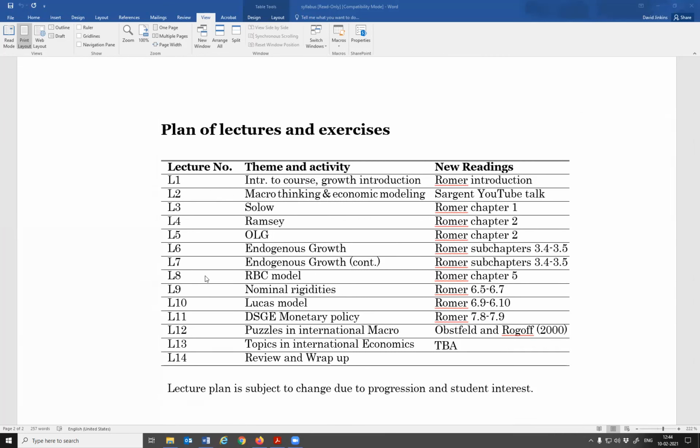Starting in lesson 8, we'll talk about models of the business cycle. Finally, we'll end the course with some international macro. Everything before lesson 11 is about a closed economy, and starting in lesson 12, we'll talk about some open economy macro. So that's the syllabus.